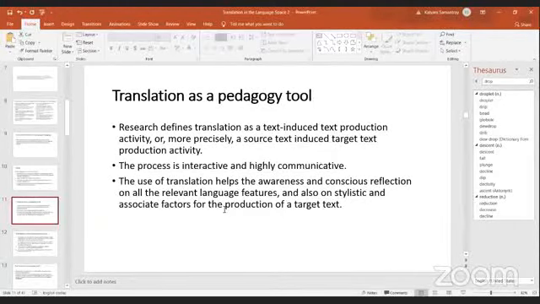And this process of translation is highly interactive and highly communicative. One interacts with the text. Before translating, one interacts with the text. And a lot of complex activities accompany this interaction. What kind of complex activities?